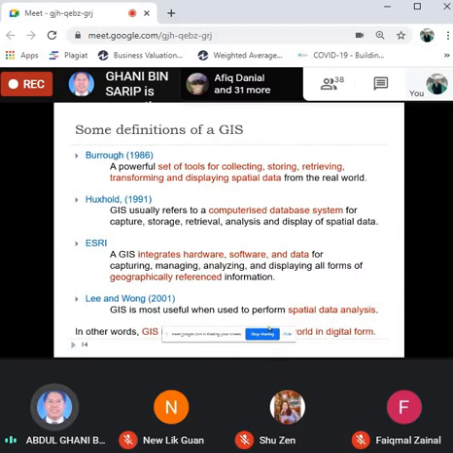In other words, GIS is a representation of the world in digital form. What we see out there is transformed into a computer database system in the form of digital maps. What you see out there, you bring to the computer, and the computer stores it in digital form. That is GIS.